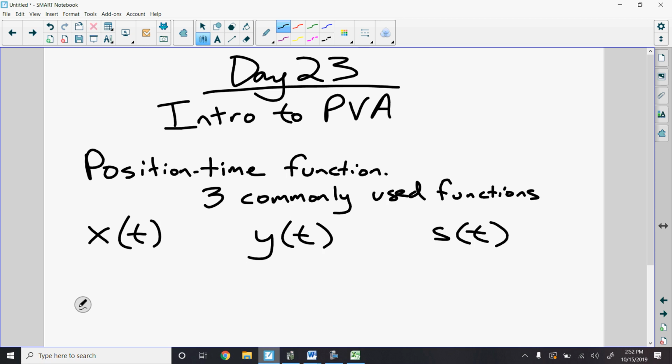If we see x of t, y of t, or s of t, that's usually a clue that it's going to be a position function, but we want to read carefully to make sure of that.